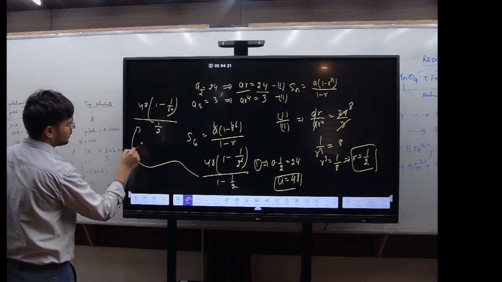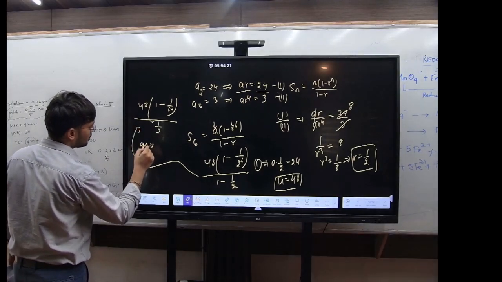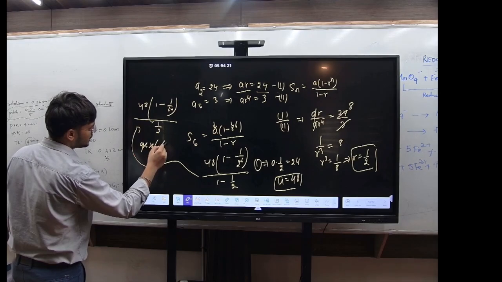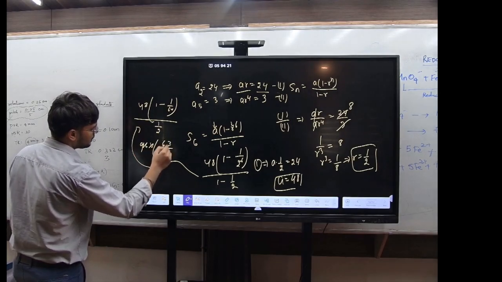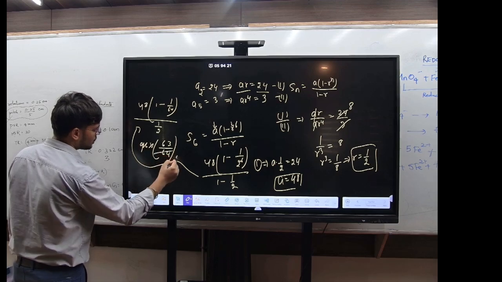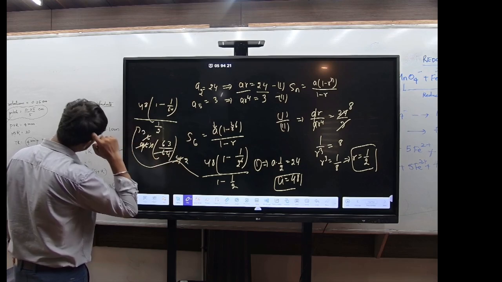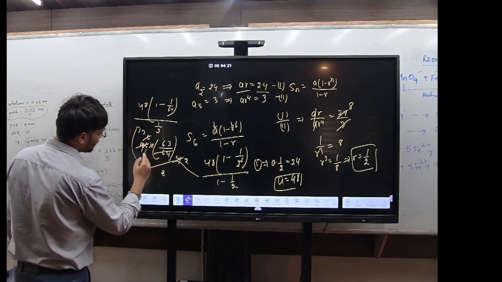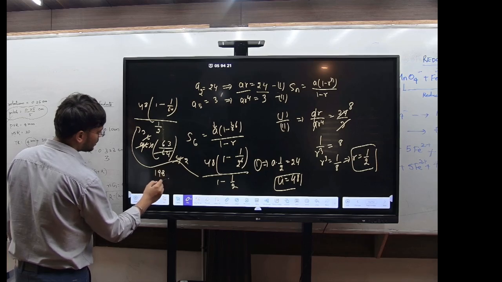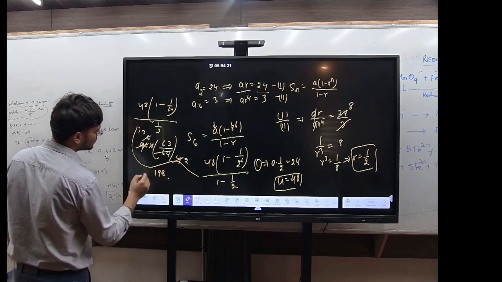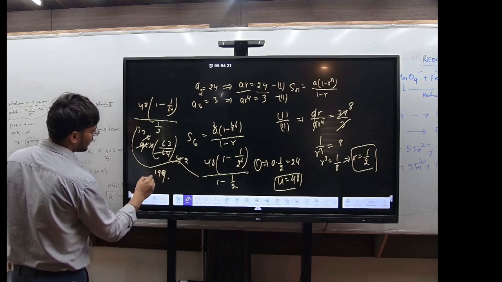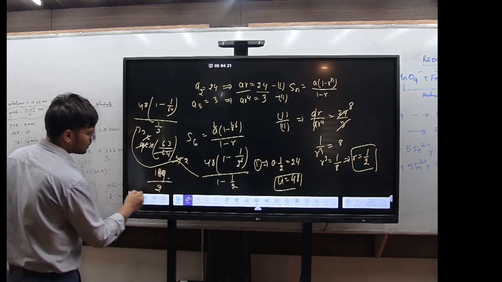The 2 will go up, so 96 into 64 minus 1, which is 63, divided by 64. Simplifying, the answer is 189 divided by 2.